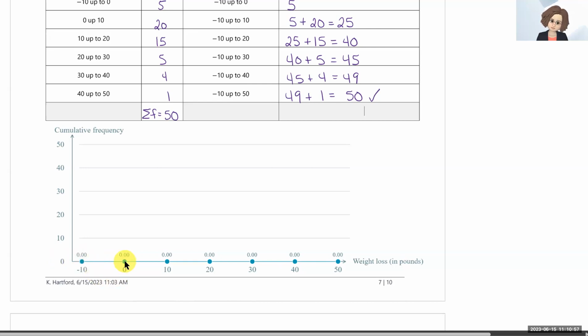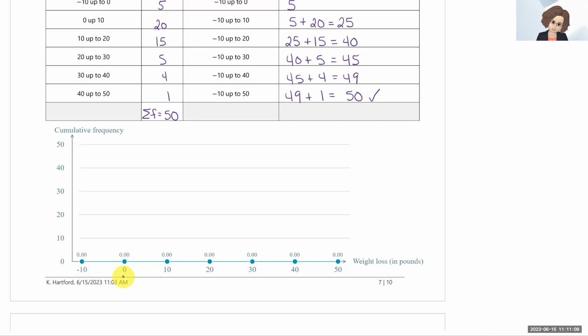And then for the next point, people that lost negative 10 up to 0 pounds, we had 5 people. So we take that point, drag it up here, and put it at a cumulative frequency of 5. I'm just going to write a 5 above it so you see it there. And then we connect points with a straight line, so a line segment.